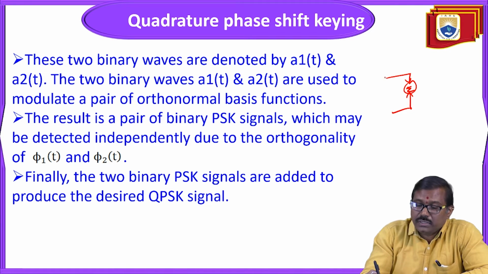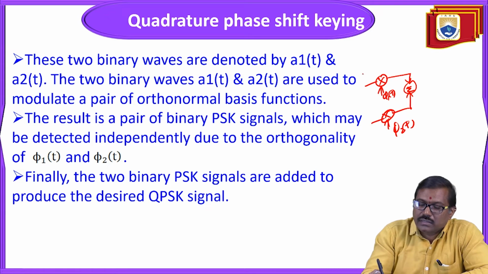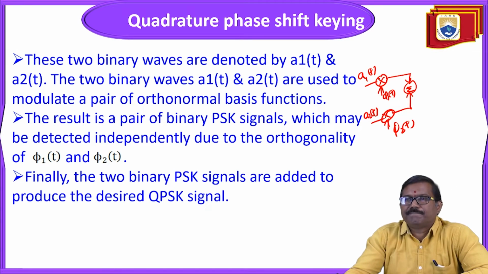Okay, so the upper channel is equipped with phi 1 of t and the lower channel is equipped with phi 2 of t, and here this is a1 of t and this is a2 of t, the second part.